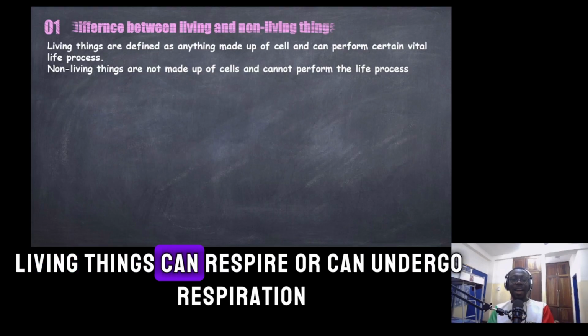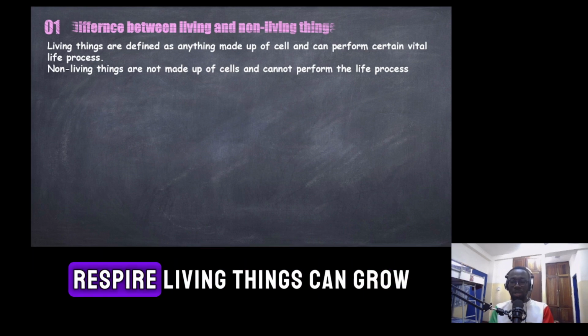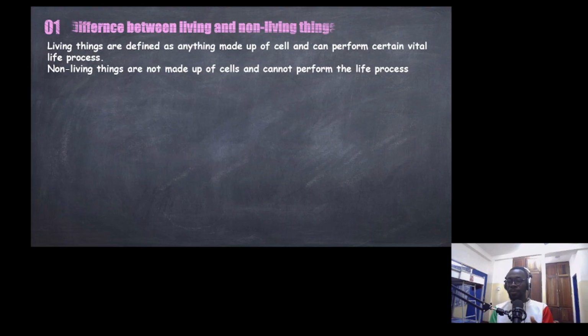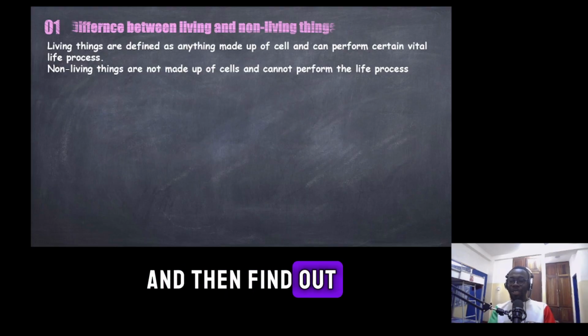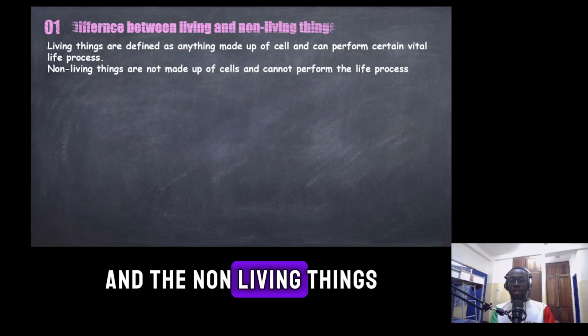Living things can respire, but non-living things do not respire. Living things can grow, but non-living things do not grow. Please try and find out the rest of the differences between living things and non-living things.